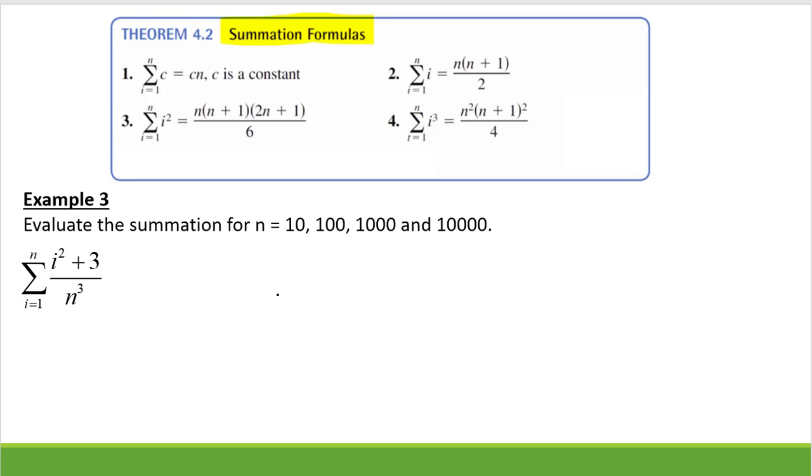So this first example here, anything with an n in it, we can pull that out in front of our summation formula. So I'm left with i squared plus 3. Now looking at that, using these summation formulas, we have the 1 over n cubed. We have i squared, which is this formula here.